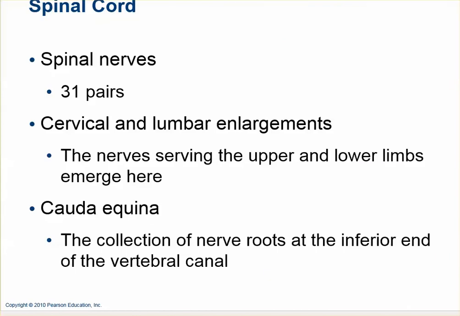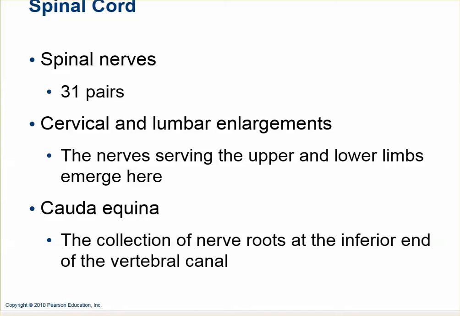There's 31 pairs of nerves that come off the spinal cord. They come off at every level, at the level of each vertebra, at the spaces between. So there are actually 8 in the cervical region, 12 in the thoracic, 5 in the lumbar, 5 in the sacrum, and 1 in the coccyx.